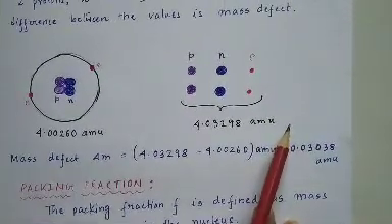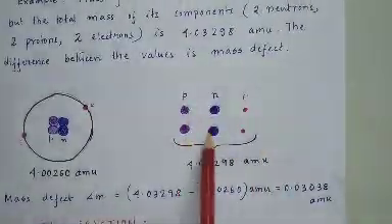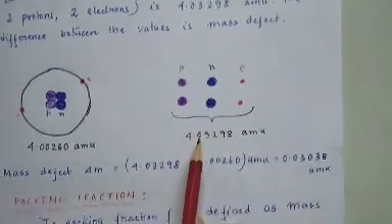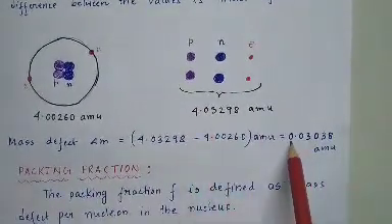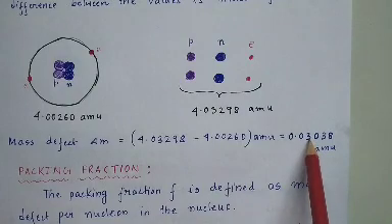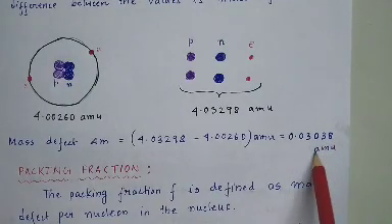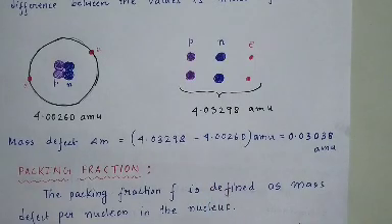Mass number is 4. 2 protons, 2 neutrons, 2 plus 2, 4. So packing fraction in this case will be 0.03038 AMU divided by 4. So that will be packing fraction for helium atom.